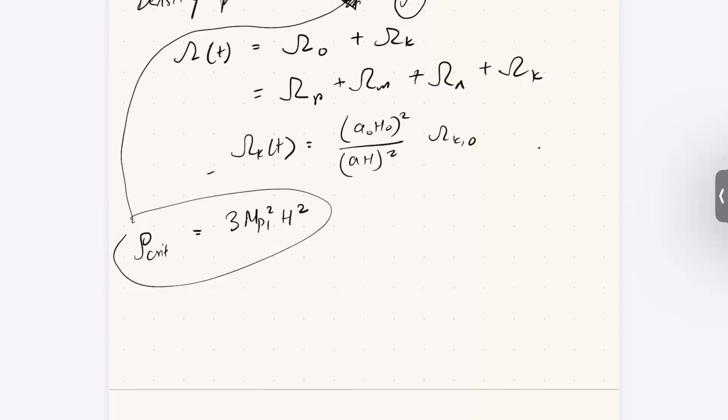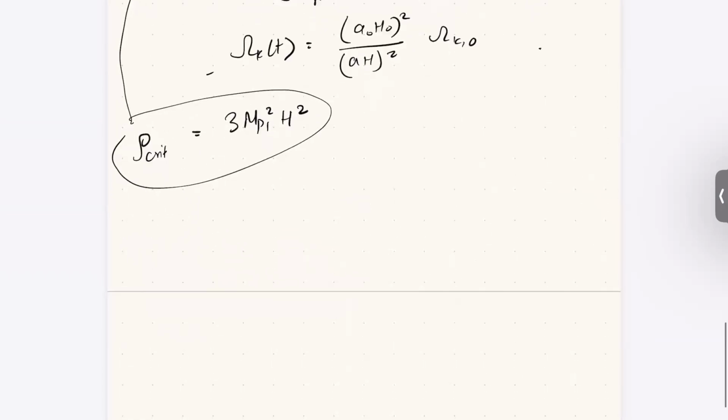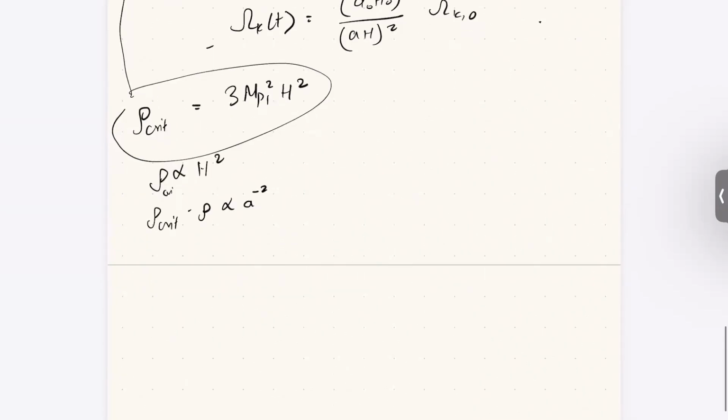So any subscript with 0 means that I am considering it to be today. The measurement or whatever function I have is being theorized or calculated today. So in this case, we use the fact that rho critical is proportional to H squared, and rho critical minus rho is proportional to a inverse squared.